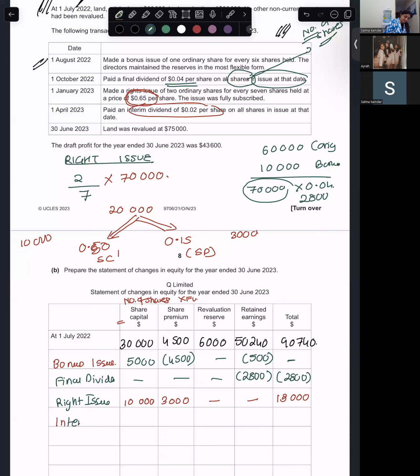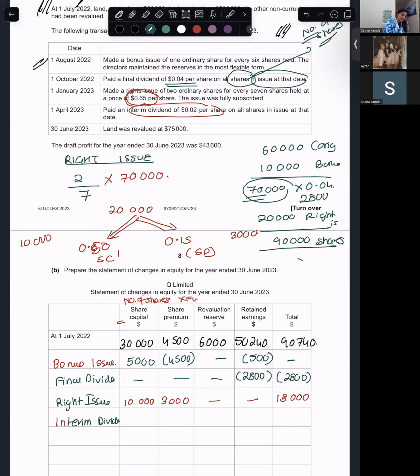Next one: paid an interim dividend of 0.02 per share on all shares in issue at that date. So 70,000 was there and 20,000 was the rights issue. Total how many shares do I have? 90,000 shares.